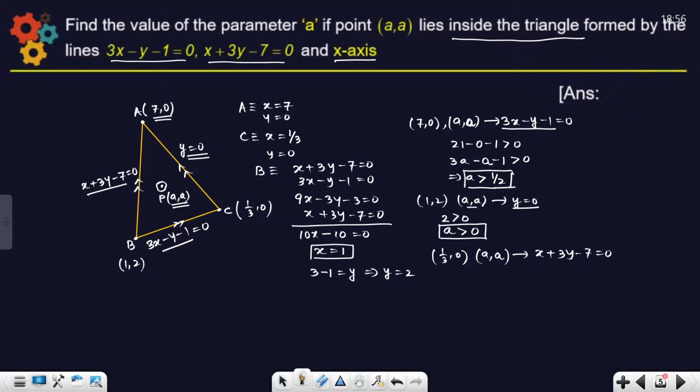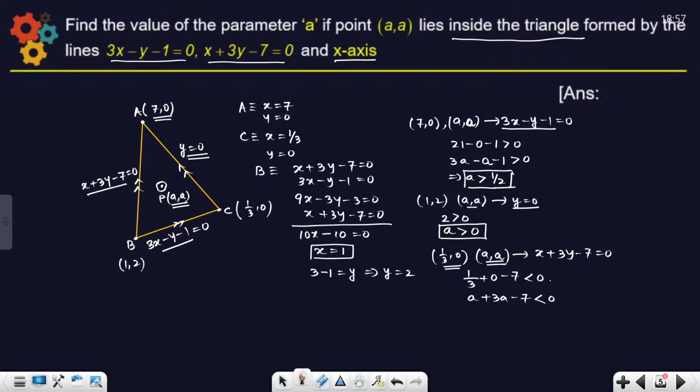So if I put 1/3 comma 0 in this line, we are going to have some value which is less than 0. So obviously, if you put a comma a in this line, you are going to have a value which is definitely less than 0. Again, I'm telling you why it is so.